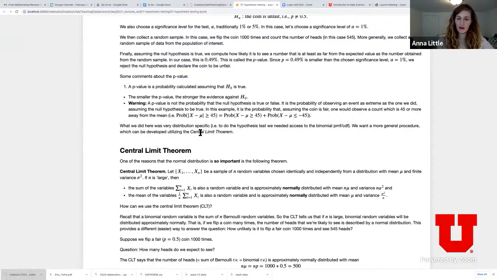In general, we want a procedure that's less distribution specific. We want to be able to do a hypothesis test for data with all kinds of distributions, and we can get a more general procedure utilizing the central limit theorem, which will be our next topic of conversation.